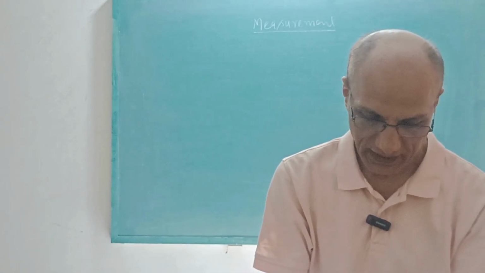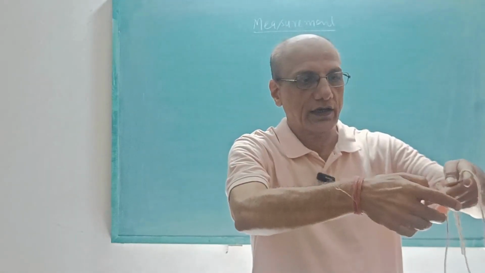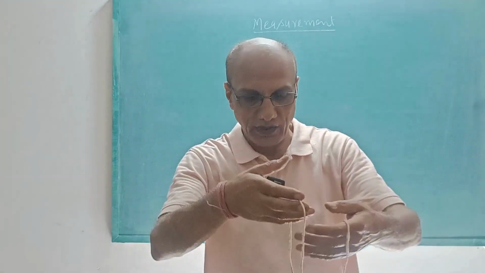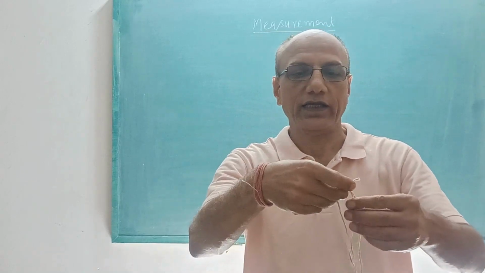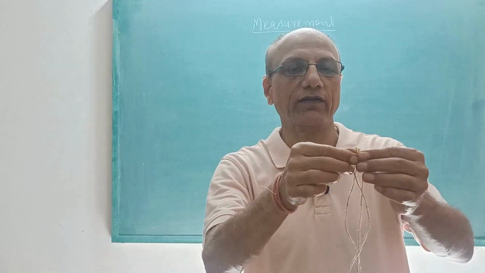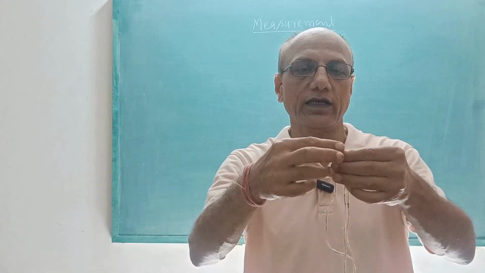Similarly, these are the threads or strings 1, 2 and 3. Which one is longer? Again it is very difficult to know which is longer. Now if I put them together, that means I compare them, then you will get the answer.